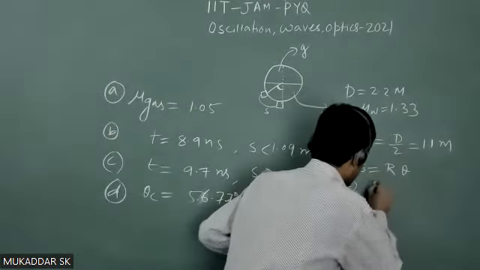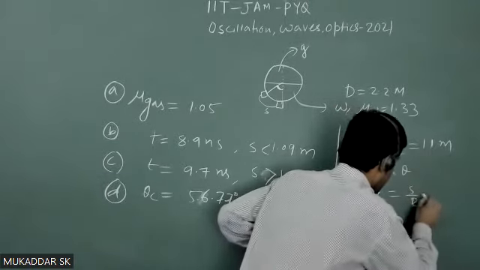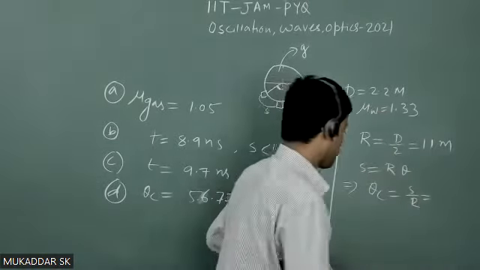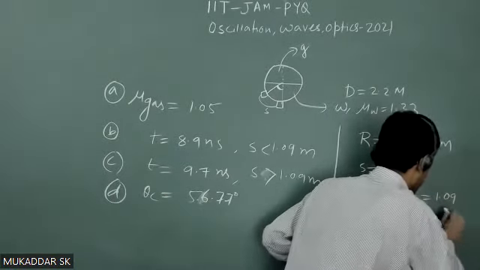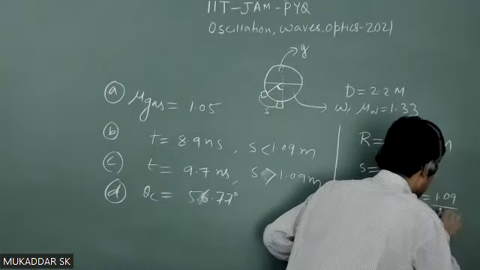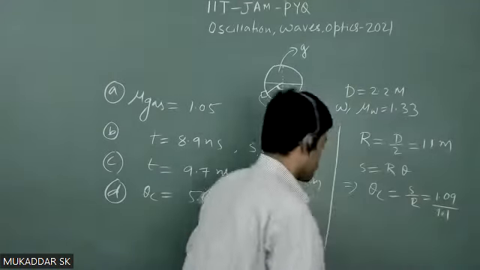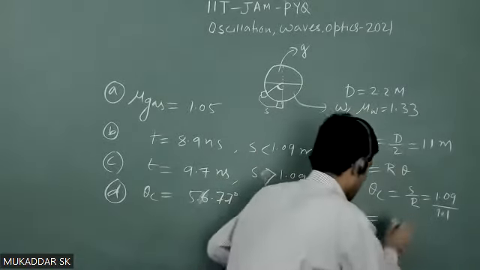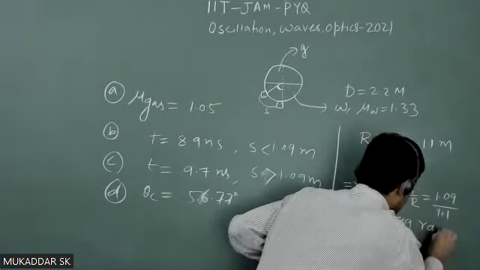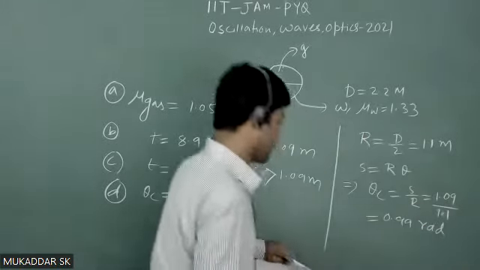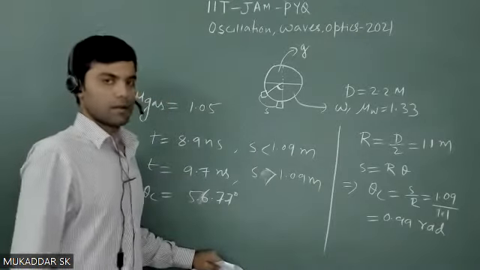So I can write theta c will be basically s by r, that is 1.09 divided by 1.1. So basically you will get 0.99 in the unit of radian. Okay. So if you convert it into degree, you have to multiply by 180 by pi.